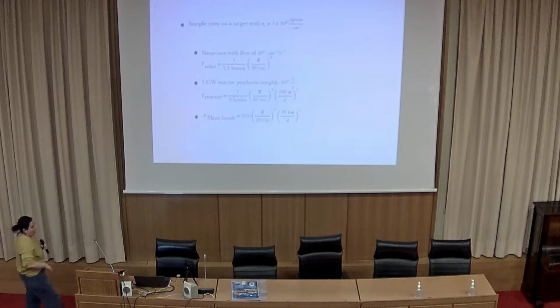So if you want to detect, let's say, a megaton bomb, it's very hard to do these estimates because no one has any idea. You don't Google neutrino production nuclear bombs and get an exact number, okay?